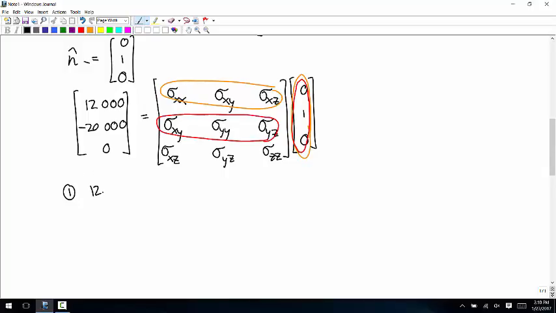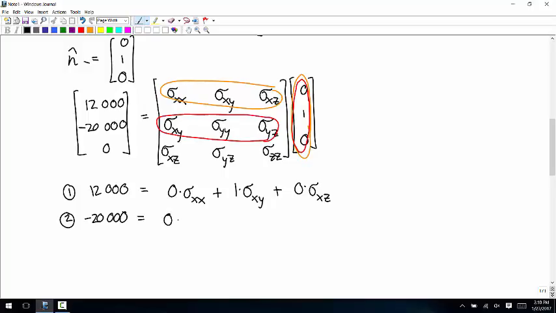The first equation says 12,000 is equal to 0 times sigma xx plus 1 times sigma xy plus 0 times sigma xz. The second equation says negative 20,000 is equal to 0 times sigma xy plus 1 times sigma yy plus 0 times sigma yz.